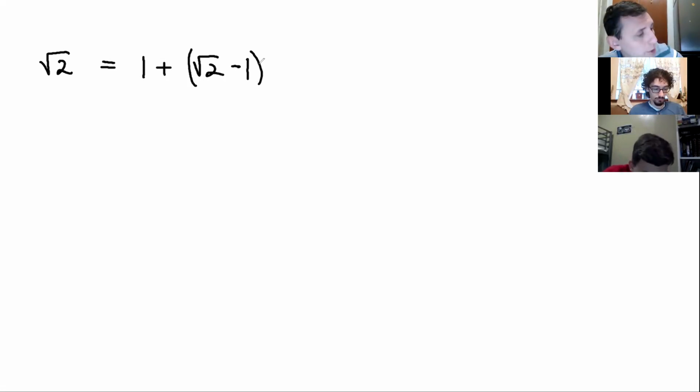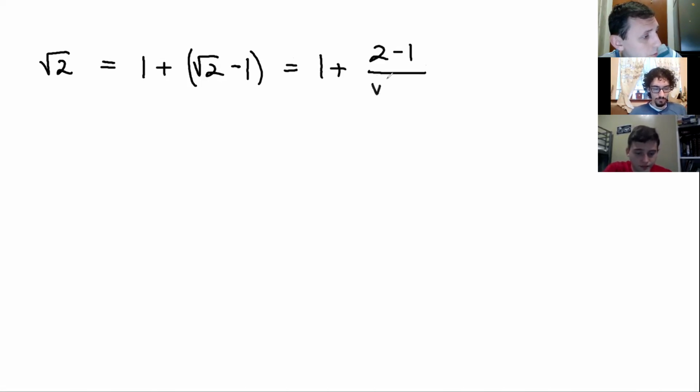And look what I can do here. I can multiply by the conjugate. So this is the same thing as 1 plus, I just multiply this part by a conjugate, and that would be 2 minus 1 divided by root 2 plus 1, which is simply 1 plus 1 divided by root 2 plus 1.